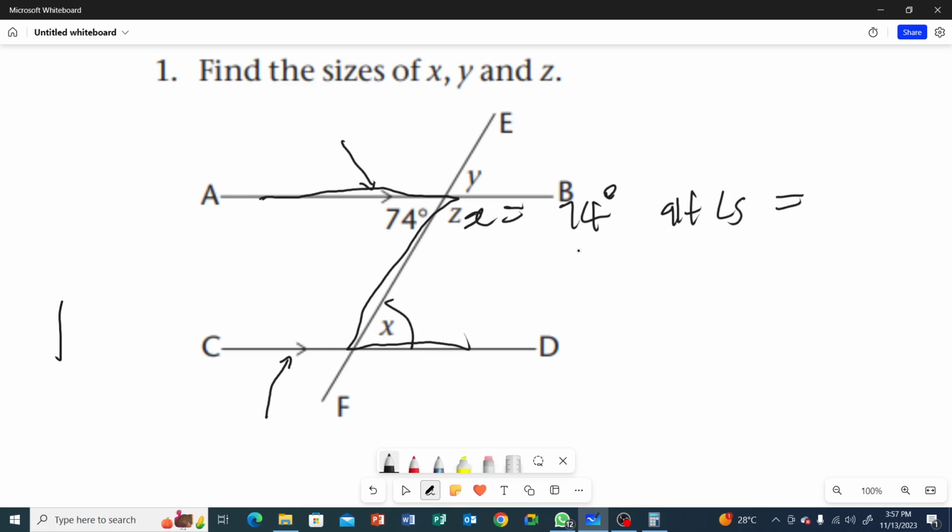It's going to be 74 degrees. Now you have two reasons to select from. One of the reasons is corresponding angles are equal or vertically opposite angles are equal. So you can choose either of the two.